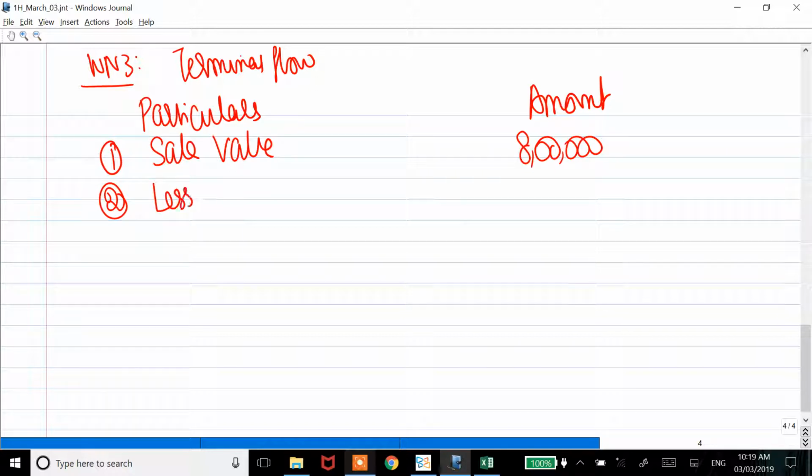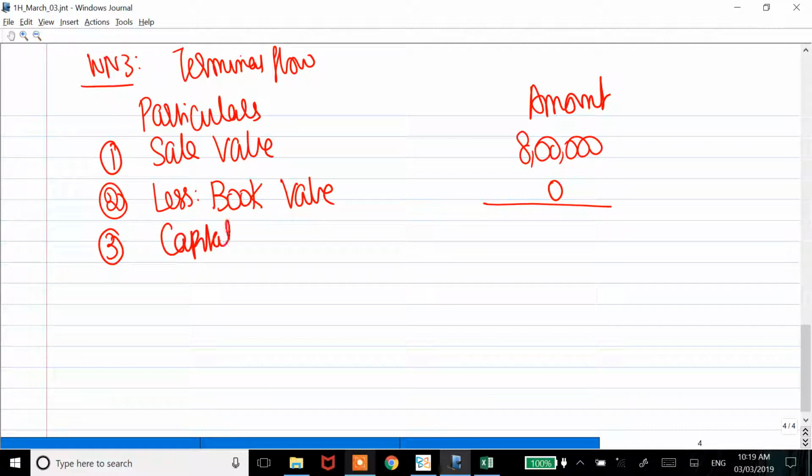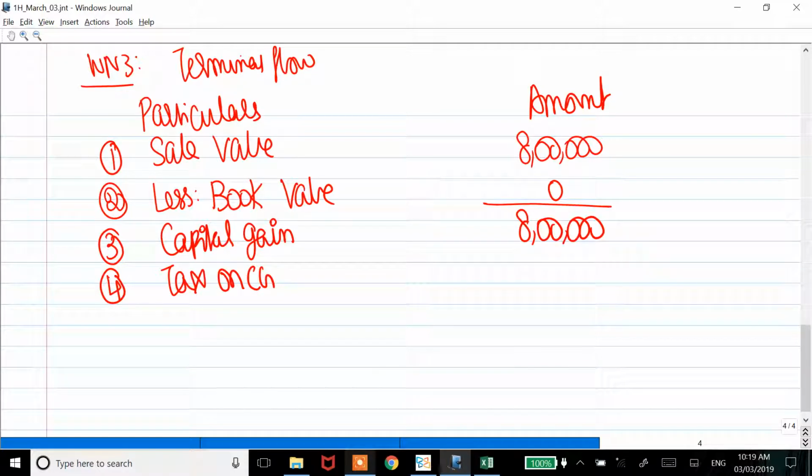Less book value. What's the book value? 0. Sale value less book value, capital gain. 8 lakhs, capital gain 8 lakhs, tax on CG 4 lakhs, and my NSV is sale value minus tax.